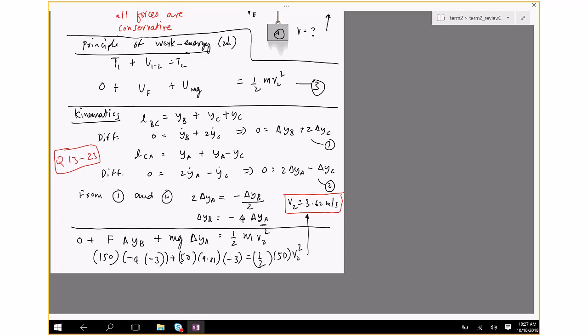You first solve for the acceleration of the block A using the force, and once you find the acceleration, you find the velocity by integrating the acceleration or using the constant acceleration formula. I'll post the solution which the book gives, but this is an alternate way of doing the same problem. Okay, any questions? No?